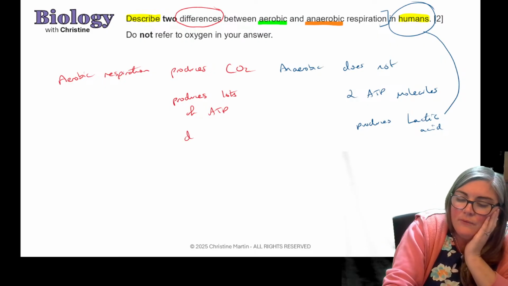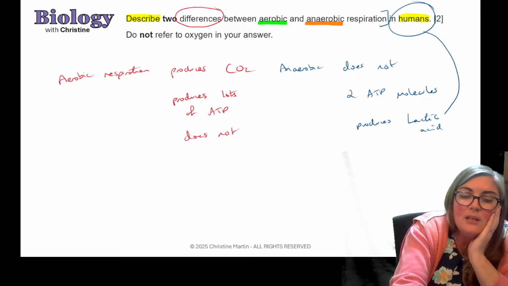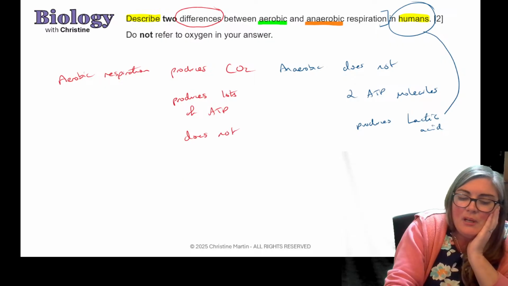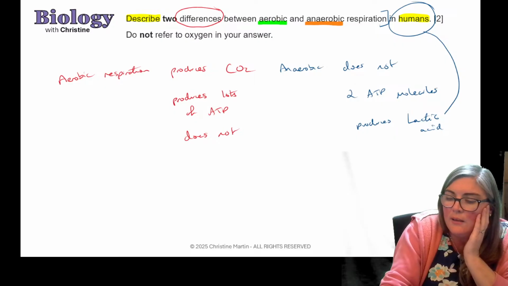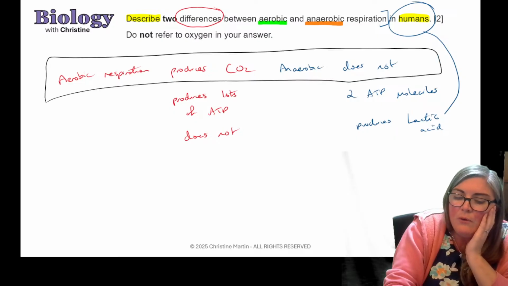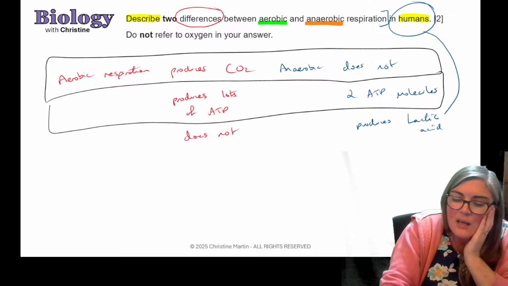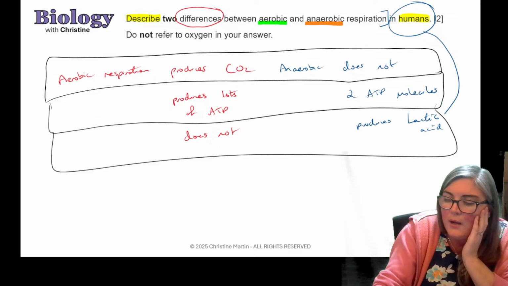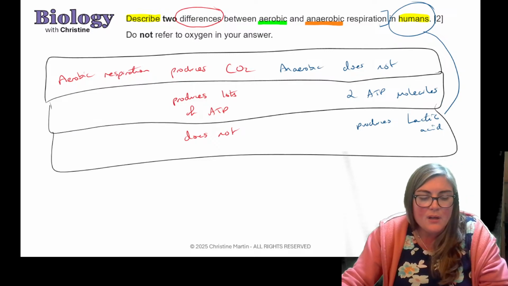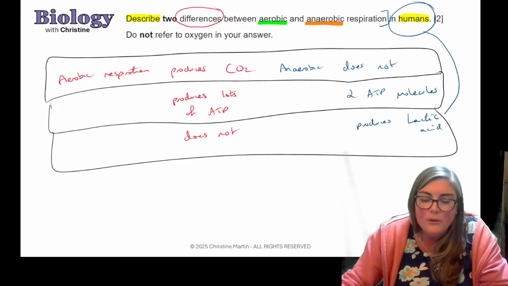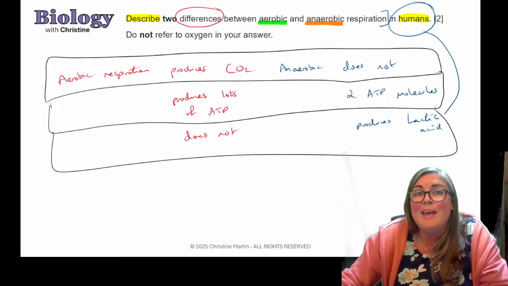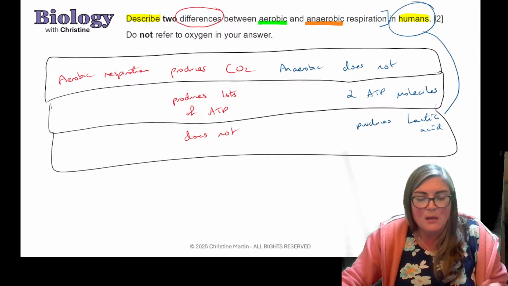Aerobic respiration does not. And what we do as examiners, and if you look at mark schemes, you'll see they'll be on the same lines. That means each line is worth 1 mark. So if you aren't giving us each line, you are not going to get the mark without both those statements.